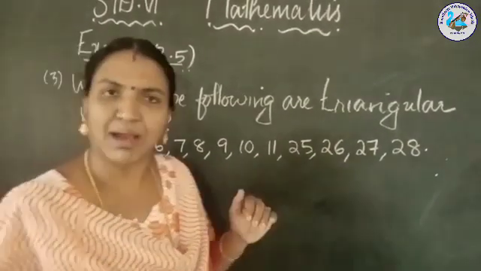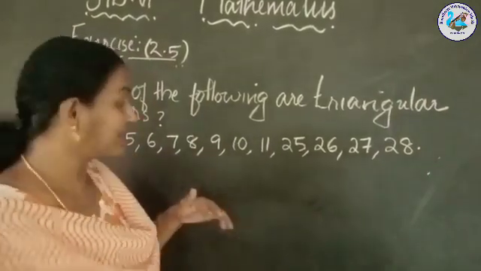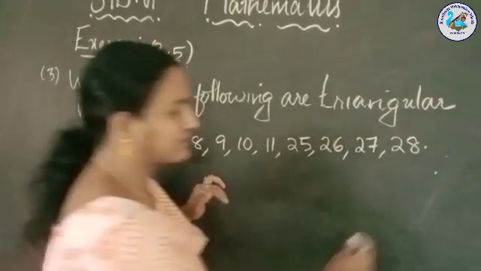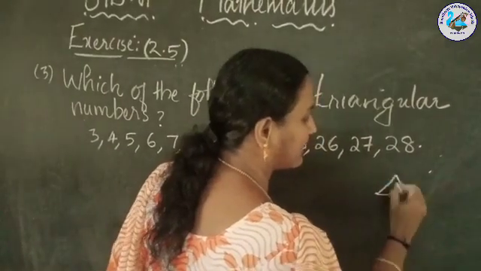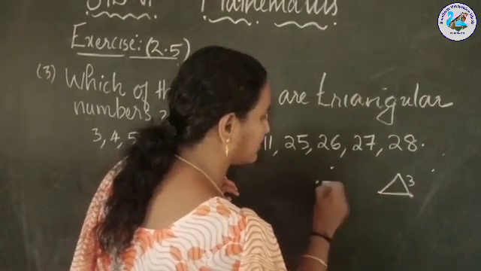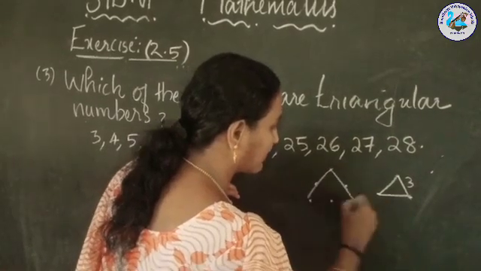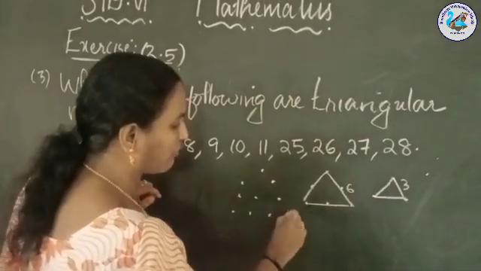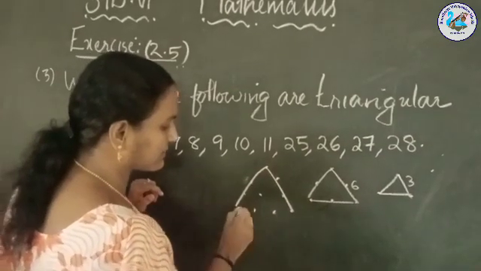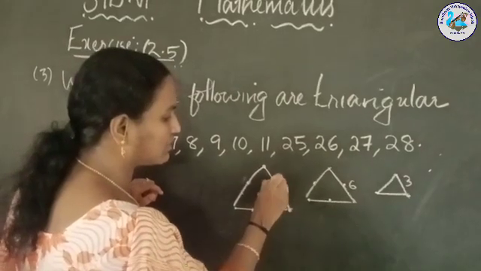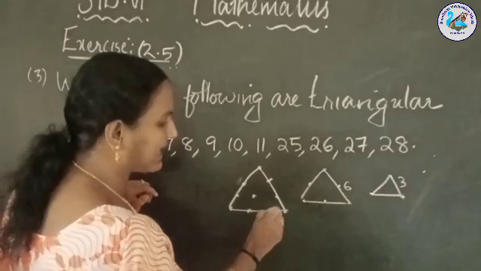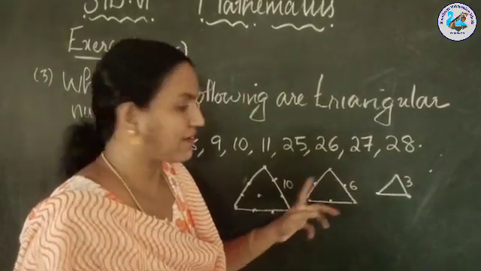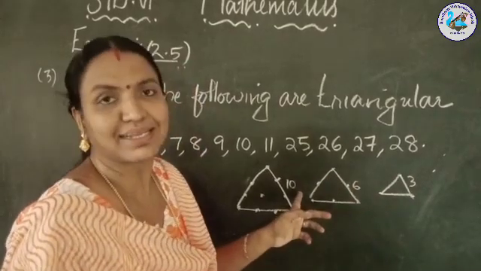We already learned that numbers like 3, 6 and 10 are triangular numbers. 3, 6 and 10 can be arranged as a triangle, and the dots in the arrangement count 1, 3, 6, 10.